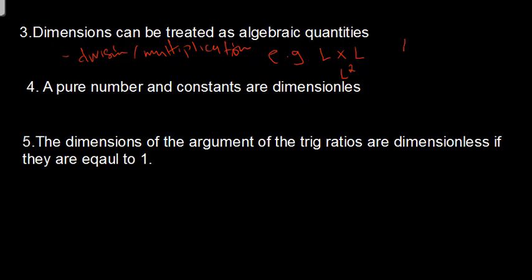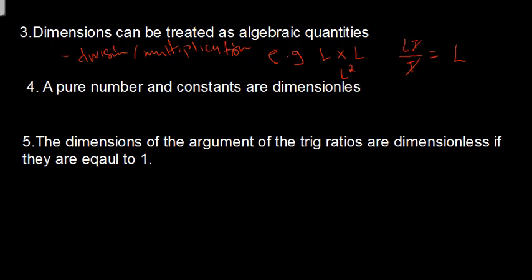Or if we had L and T, we can divide L through by T, where T cancels out with T, and the final dimensions will just be capital letter L. So this simply means division and multiplication or any other algebraic rules are applicable in dimensions. So dimensions can just be treated as any other algebraic expressions. That is what rule number 3 entails.